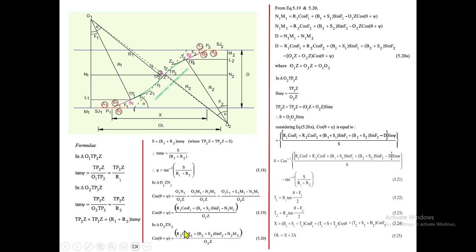So now we are rearranging the two equations in the form of N1 M1 equal to, like that. Here this equation N2 M2 equal to, like that we form the equation. Once we form the equation like this, d equal to N1 M1 plus N2 M2, so that will be equal to d.